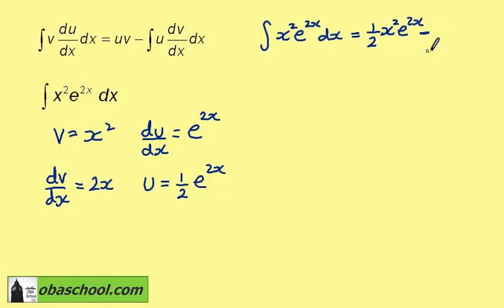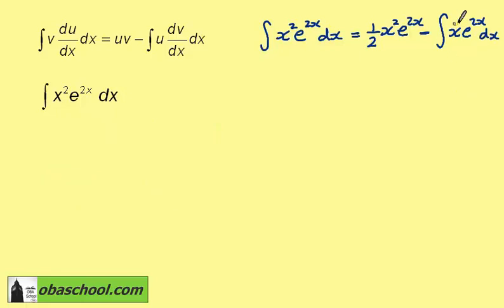Take away the integral of u dv dx, the two bottom ones. This gives us xe to the 2x. Note the half and the 2 cancel when we multiply. If we now look at this integral, we can see that we need to apply parts again.